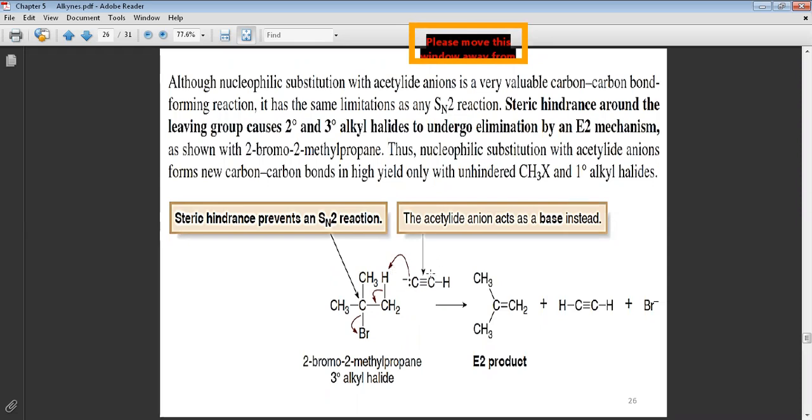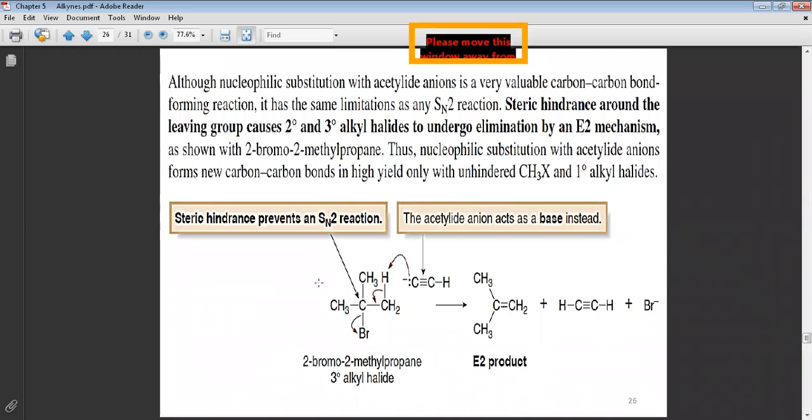Acetylide anion, a strong base, can attack this proton and take it, and the electron pair here will convert to a double bond, and this leaving group leaves the structure to give you an alkene, an E2 elimination reaction, not an SN2 reaction.